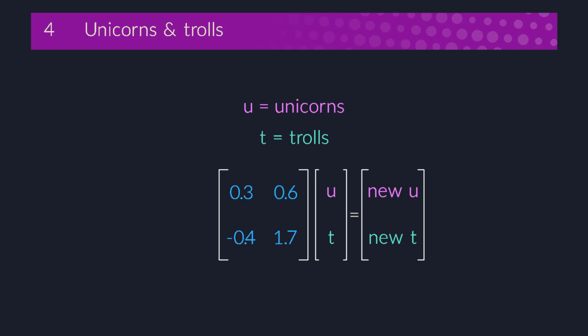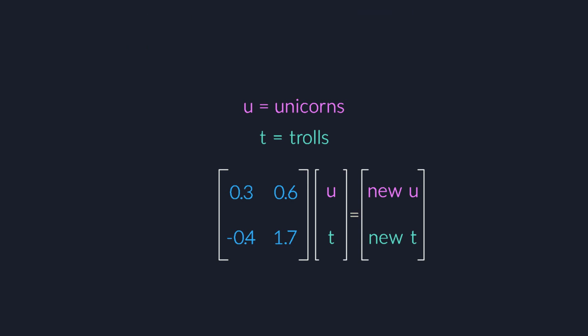Now, I should make it clear that unicorns are absolutely vicious creatures. They spend their entire day hunting down trolls in order to eat them for breakfast, lunch, and dinner. So this coefficient means that without any trolls to eat, the number of unicorns would fall very rapidly. And without any unicorns, the trolls would absolutely thrive.